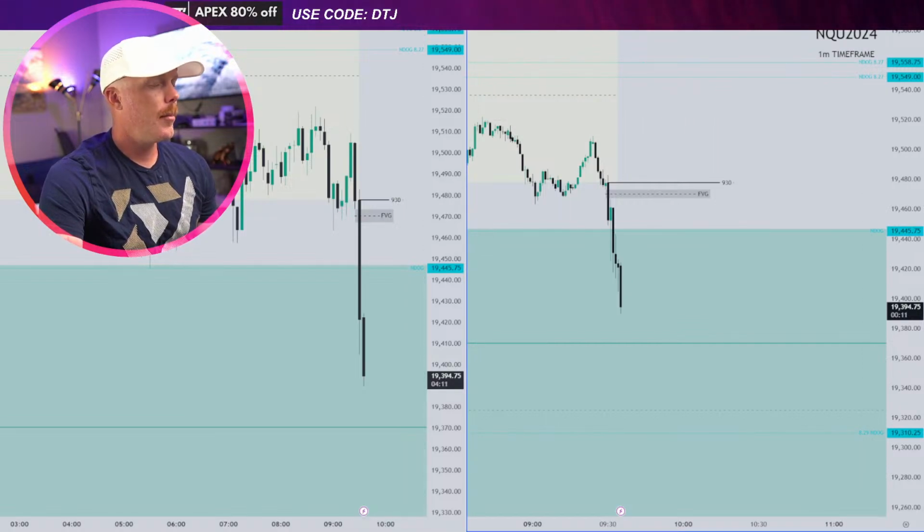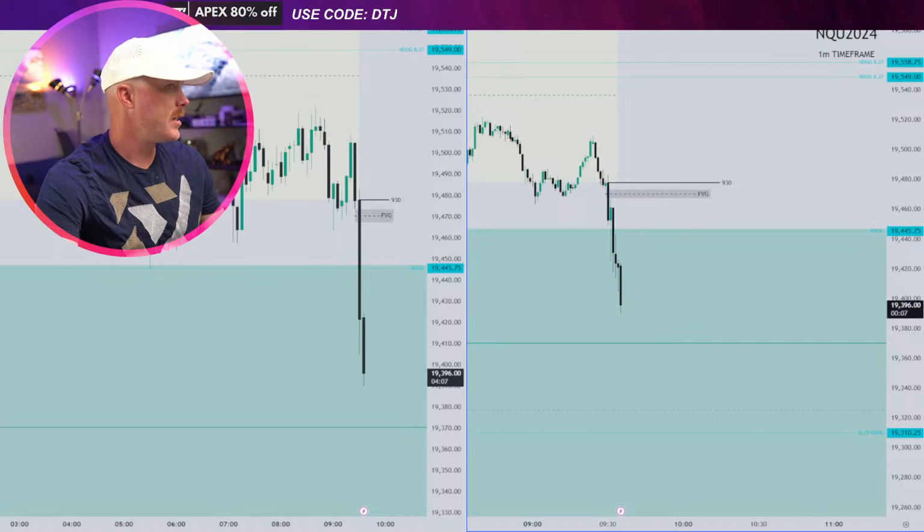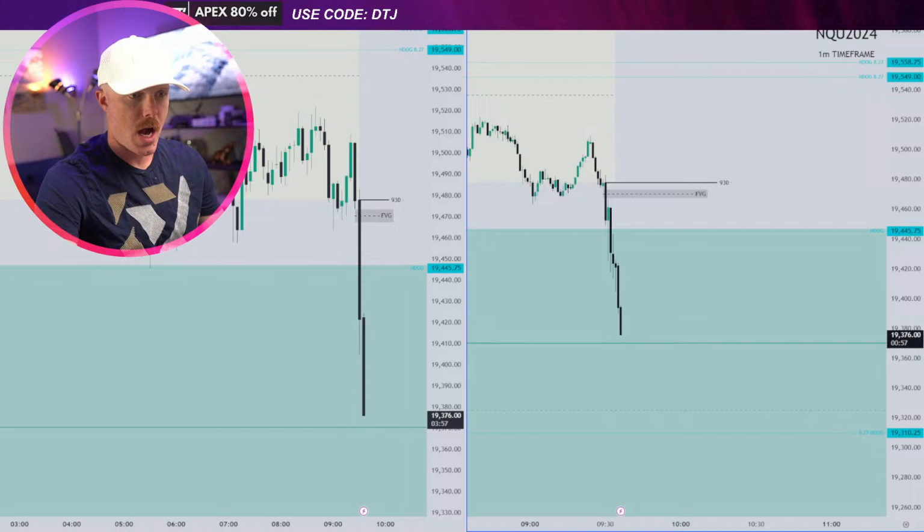I'm going to be trading, because I'm downsizing, I am on a different screen today for my executions. So we will not be seeing those on screen today.